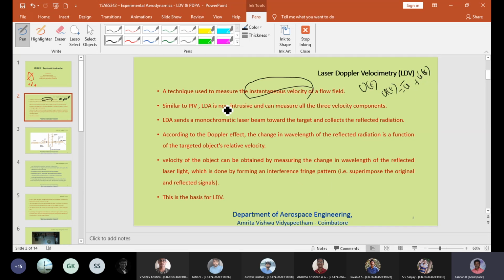Similar to PIV, it's also a non-intrusive technique. We are not going to put any probe into it, and we can measure all three components of velocity, that is U, V and W. Here we are going to send a monochromatic beam towards the target, and we are going to collect the reflected radiation.